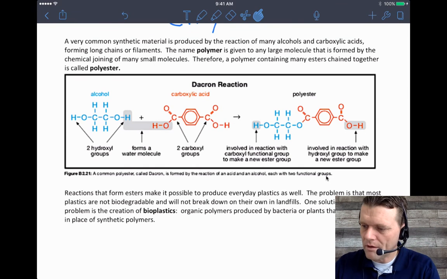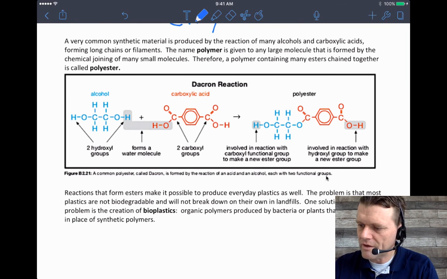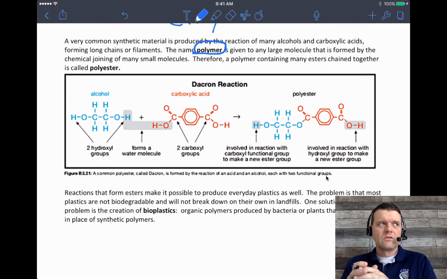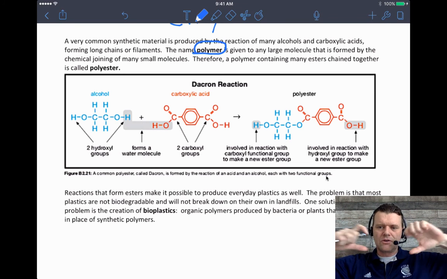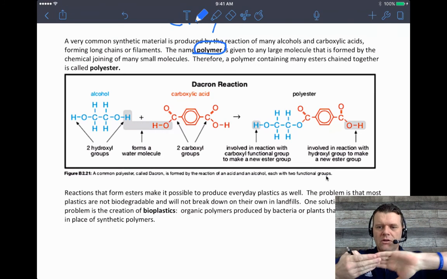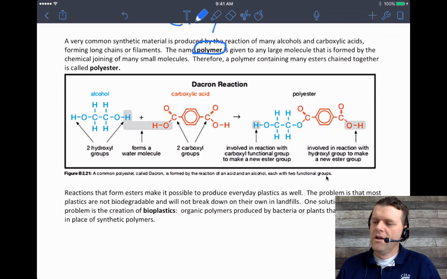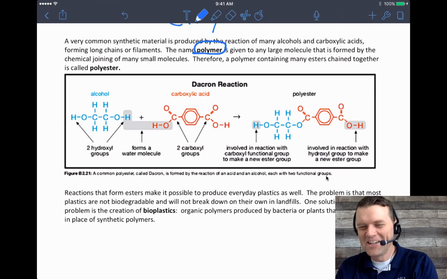Polymer is the name given to any large molecule that's formed by the joining of a whole bunch of small molecules. So if you want to make a really long piece of Lego, you just get all the individual pieces and click them together. But that's exactly how you make a polyester.